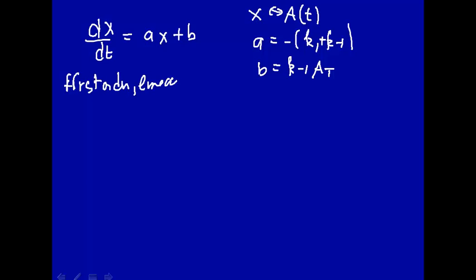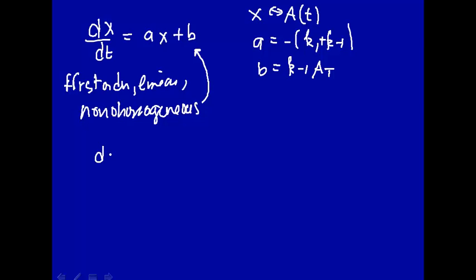Now this is a first order linear non-homogeneous differential equation. The non-homogeneous means you have this constant term here. Because it's a first order linear non-homogeneous equation, we can't use the techniques we used previously for the unidirectional first order reaction mechanism. I'll show you why.